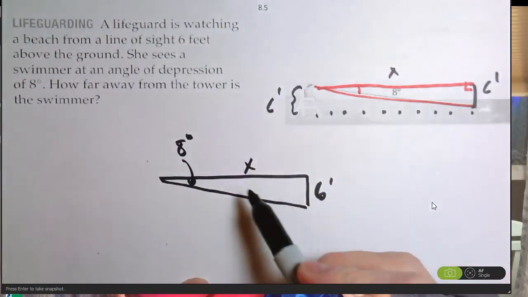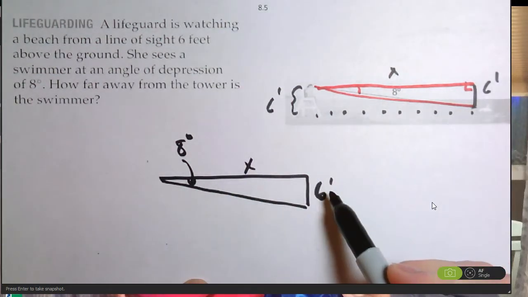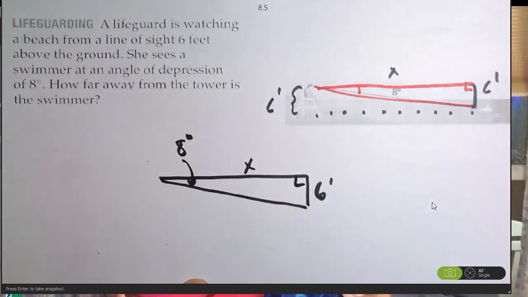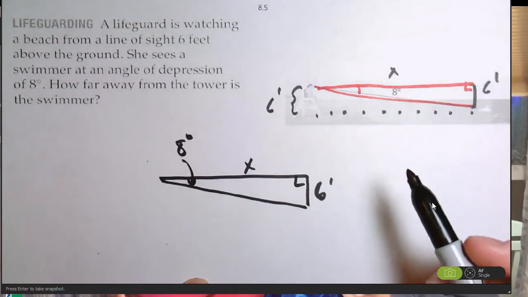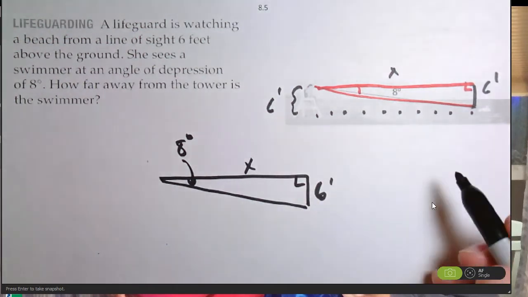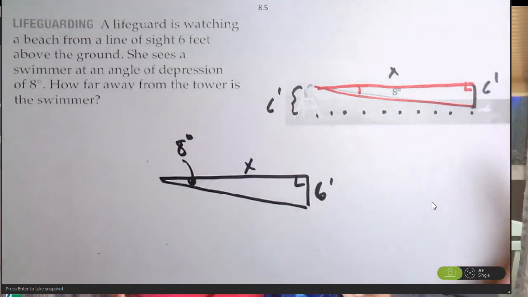What is x if this is 8 degrees here and this is 6 feet here? So real quick, I'm going to have it pop up, ask you a quick question. What would we use to solve for x? We'd use sine, cosine, or tangent.